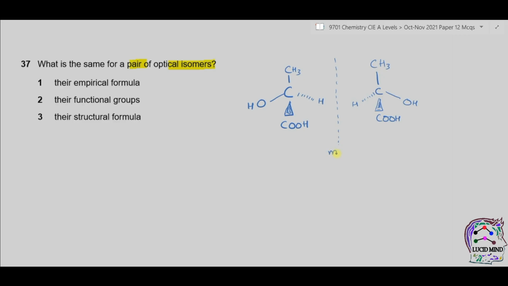These are the mirror images. So their empirical formula is the same, their functional groups are the same, their structural formula is the same, only the orientation changes in 3 dimensions. As all 3 options are correct, therefore the answer is A.